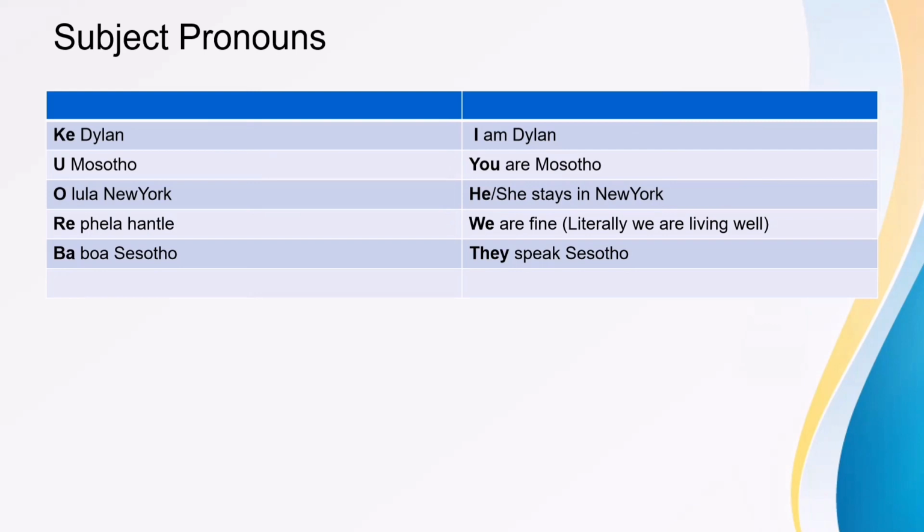But if you were going to say it is Dylan, you're going to say ke Dylan. So when you refer to someone else, the ke is high-pitched tone, but when you refer to yourself, like I, it's going to be lower tone. And then secondly, you are Mosotho.